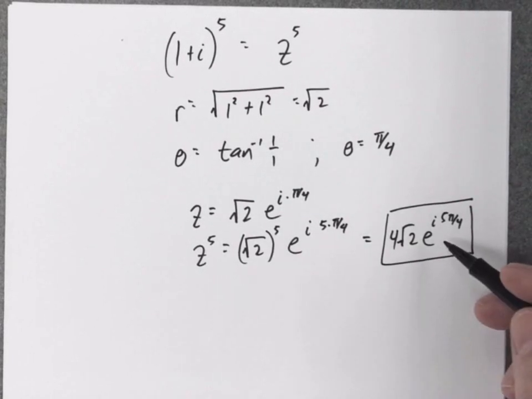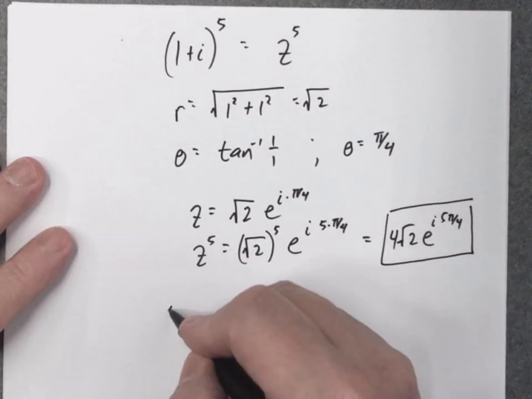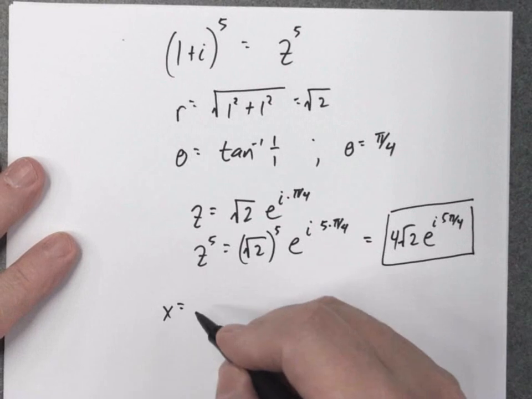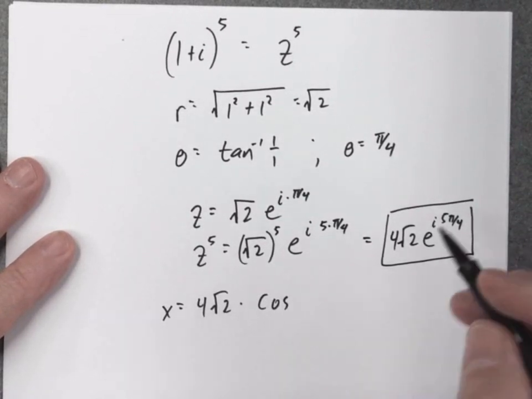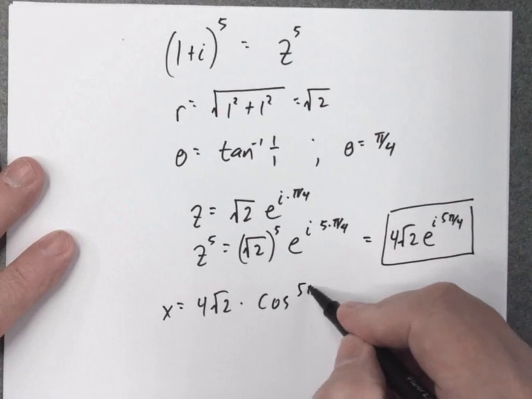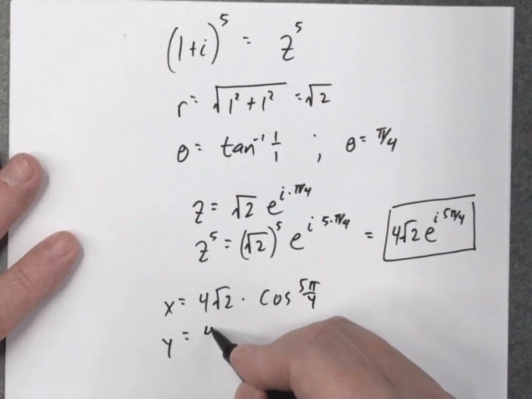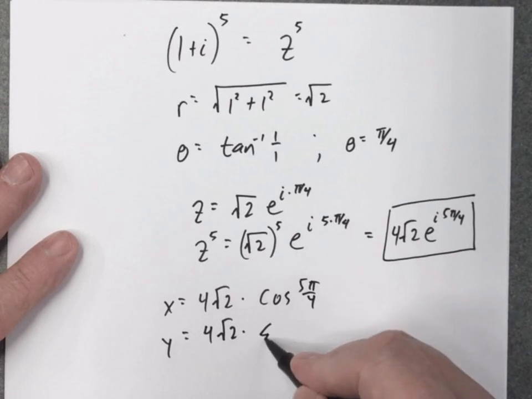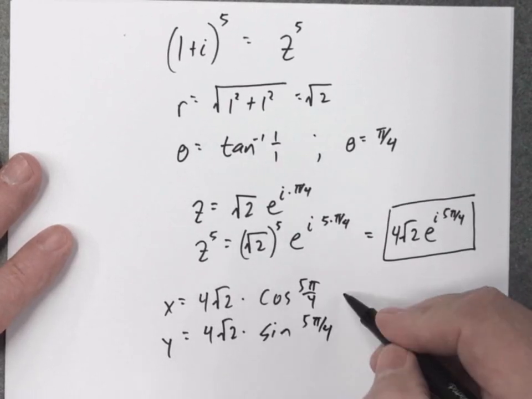Now, if I want the rectangular form, I need to convert this back to rectangular. So here's r and theta. So x would be 4 square root of 2 times cosine 5 pi over 4. And y would be 4 square root of 2 times the sine of 5 pi over 4.